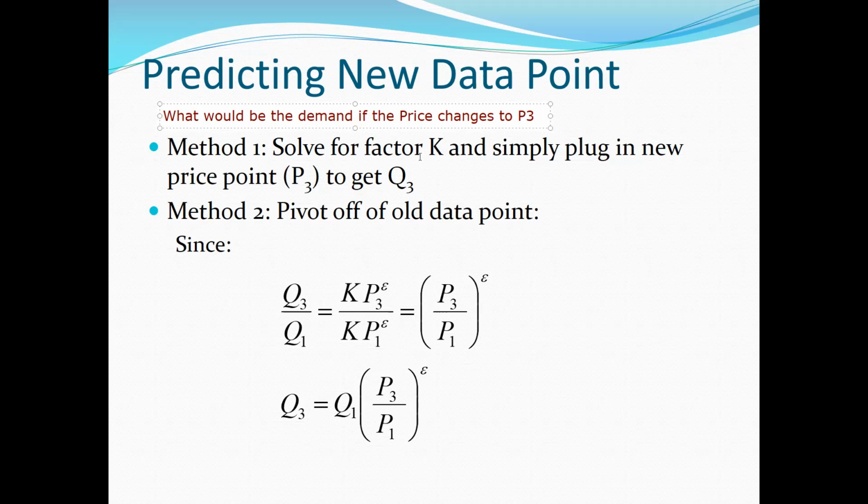So what you can do is pivot off the new data point: Q3 equal to K, a constant, P3 raised to power epsilon, and Q1 equal to K P1 raised to power epsilon, based on the exponential demand function. You do the ratio, P3 over P1 raised to power epsilon, and you know both P3 and P1, and you know the original quantity demanded.